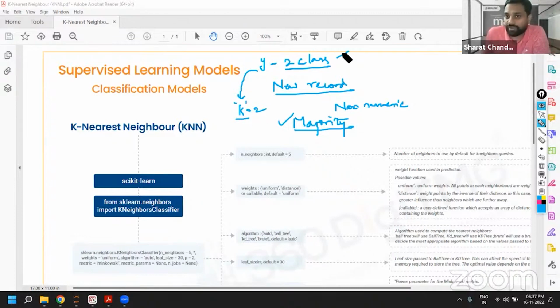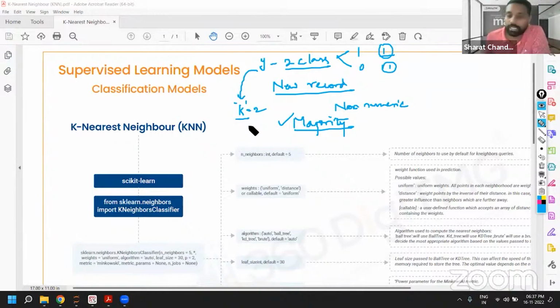That means if I have 1 and 0, then I might have one record closest to the new record from class 1, and the other record will be from class 0. So this is an ambiguity scenario, and this is one problem that we will have to address.